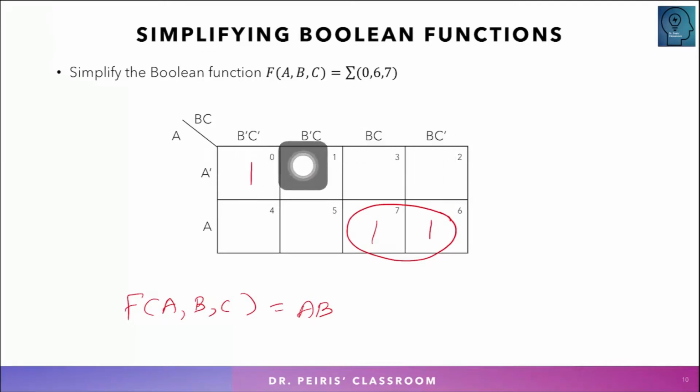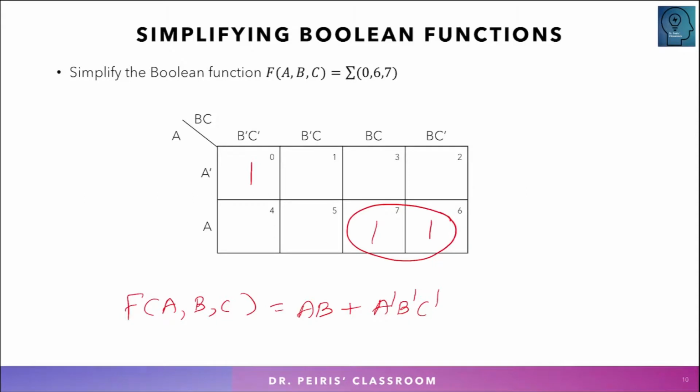There are no other ones that we can combine this one with, which means it is going to stay alone. But don't forget to write that, because you still need to keep that count in your answer. That term corresponds to A prime, B prime, C prime. So don't forget that you still have that term.